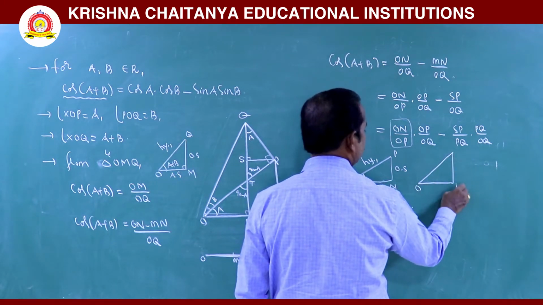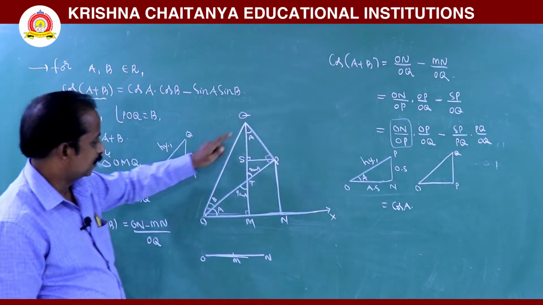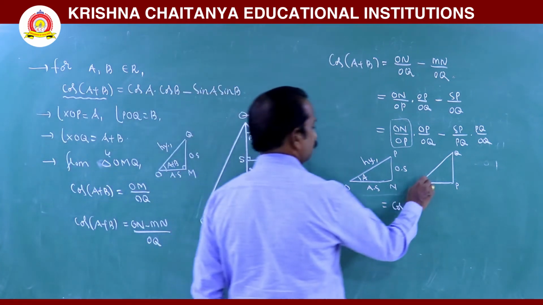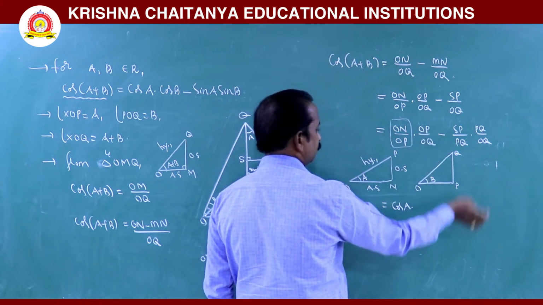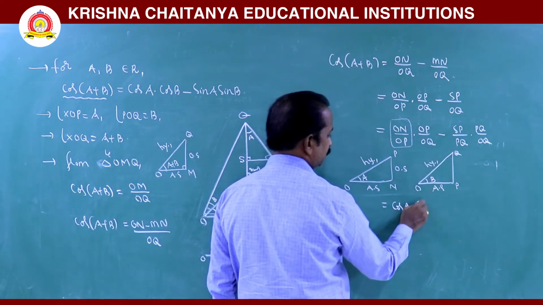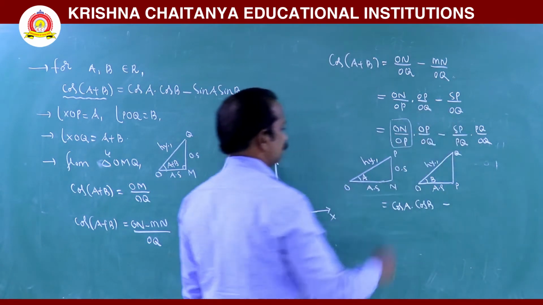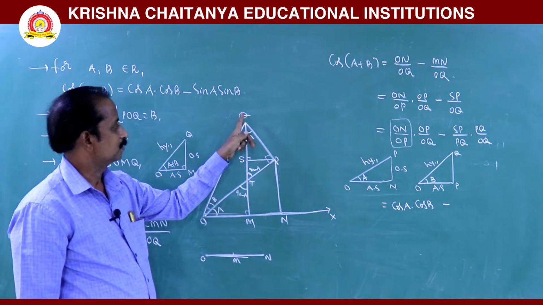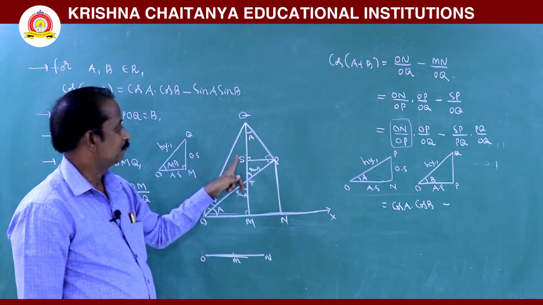This is O, this is P, this is Q. In triangle OPQ, the measuring angle at O is B. So OP by OQ means adjacent side by hypotenuse, which gives us cos B, minus SP by PQ. SP by PQ, consider from the triangle QSP.